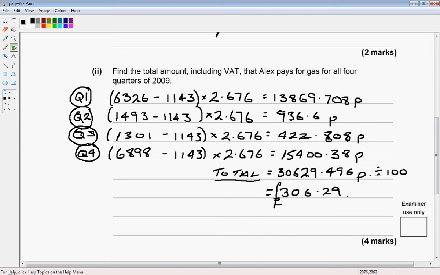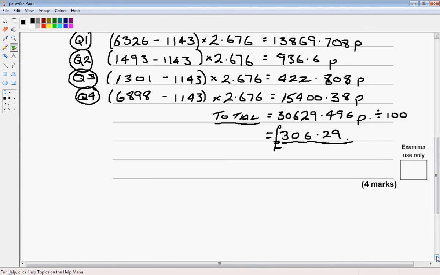Now we need to convert that to pounds. So obviously there's 100 pennies in a pound. So we divide this number by 100, which will give me £306.29. Now remember, that's not his final bill, because he's got £42 to be added for each quarter.